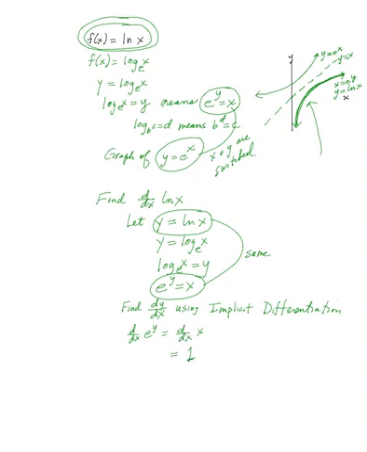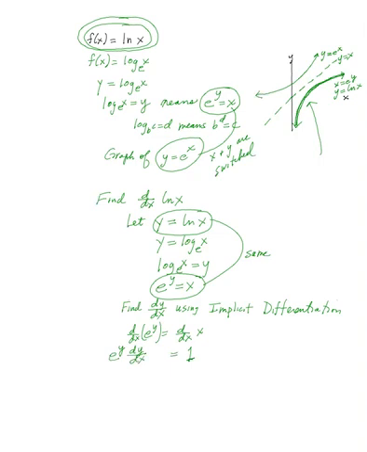Now, the derivative with respect to x of e to the y: I've got an outside function, the exponential function. The derivative of an exponential function is itself. But I've also got an inside function, because remember, y is a function of x. So I have to multiply by the derivative of the inside, the derivative of y with respect to x.